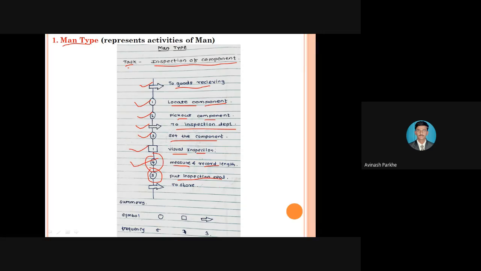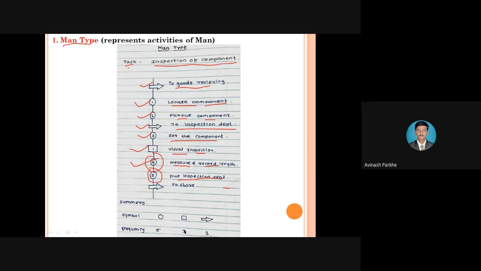Maybe you will give some of the inspection seals, or you maybe give some of the tags, and that particular tag we have to attach to that particular component. Or maybe if one seal is given, that seal we have to stamp on that particular component, means we can say that the inspection of that particular product is over.